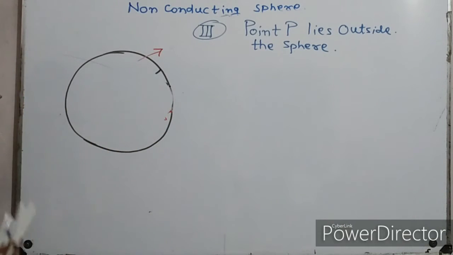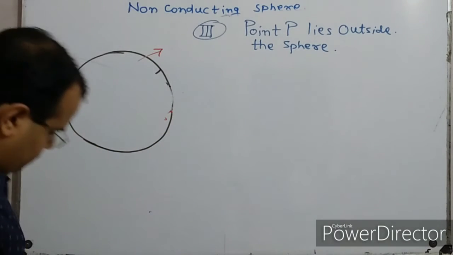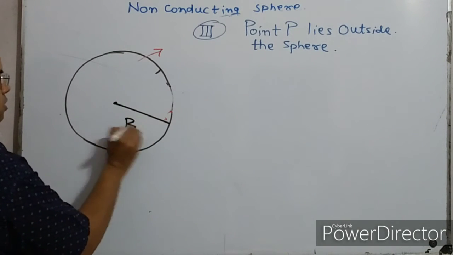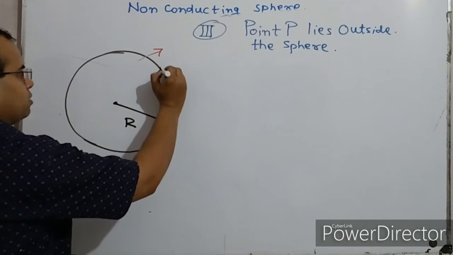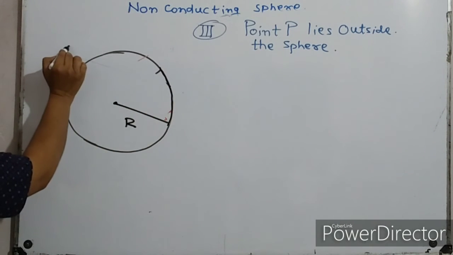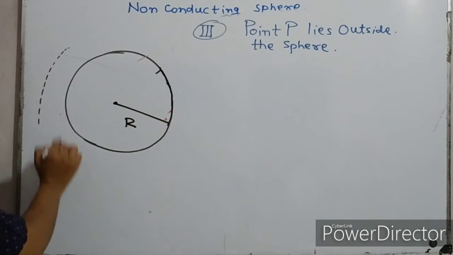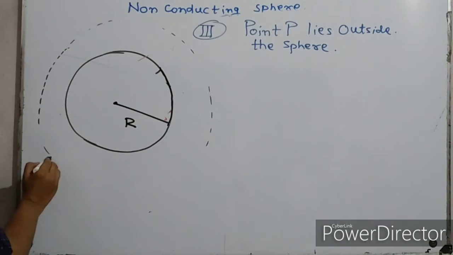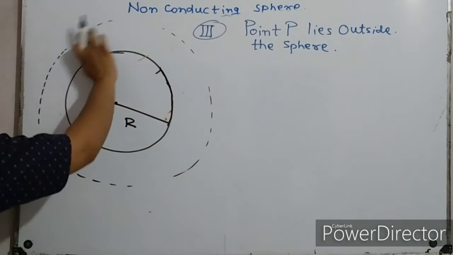Now what you have is this as capital R. This is the radius, and this point P is lying outside, so this is point P, which is lying outside.